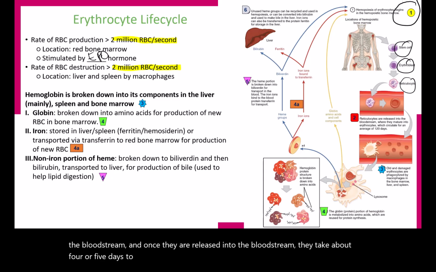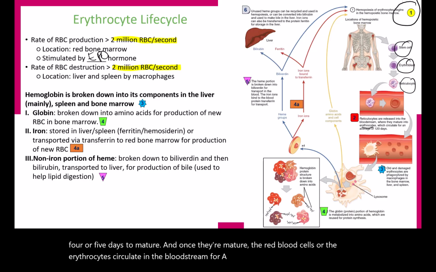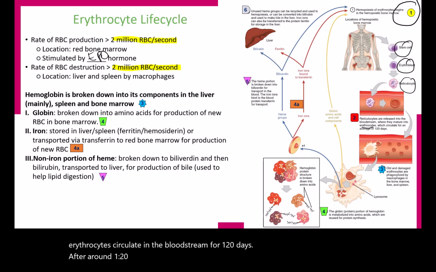And once they're mature, the red blood cells or erythrocytes circulate in the bloodstream for 120 days. After around 120 days, they get old, and once they get old, they get eaten up or broken down by macrophages that are found in the bone marrow, liver, and spleen.